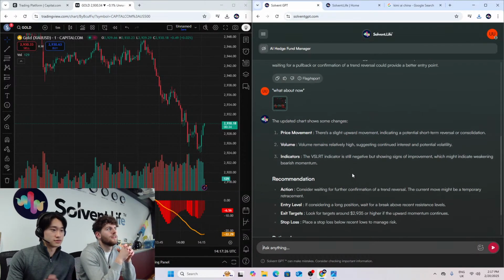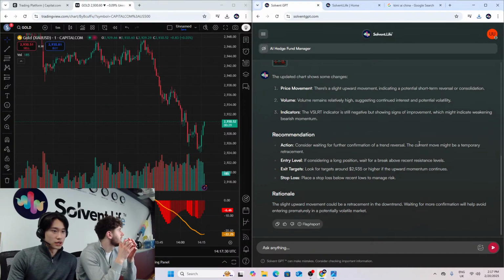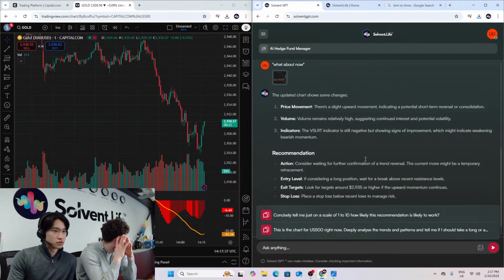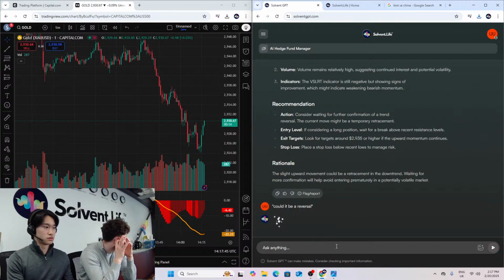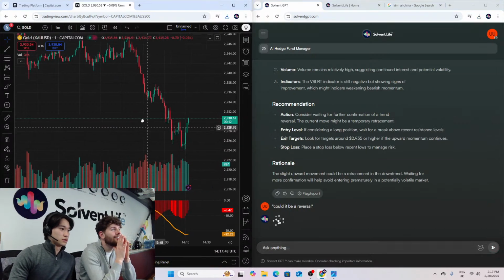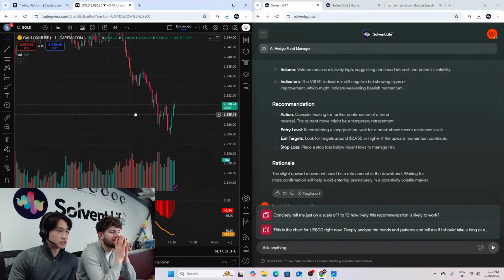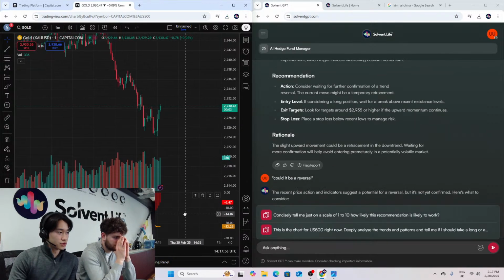Okay, current might be a temporary retracement. Okay, the GPT reckons that this is a temporary retracement, not a reversal.